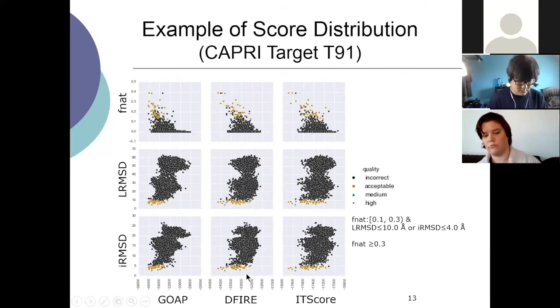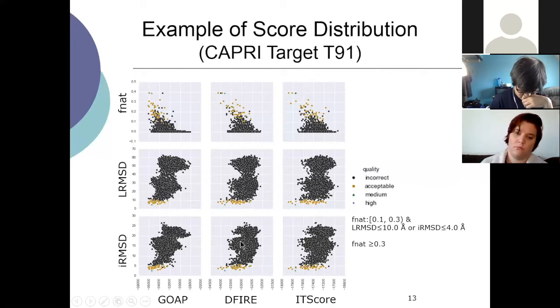Each dot is a generated model for a particular protein-protein interaction, a particular protein complex, so there are a few thousand models evaluated here. In this particular distribution, DFIRE performed relatively well, because if you pick the top 5 models by DFIRE along the x-axis, then all of the models are acceptable. Same thing for ITScore.